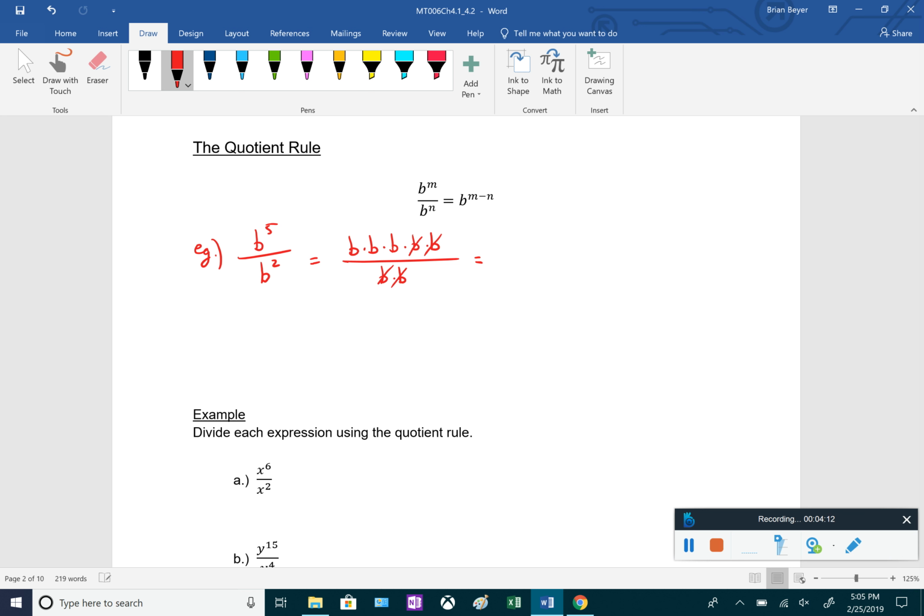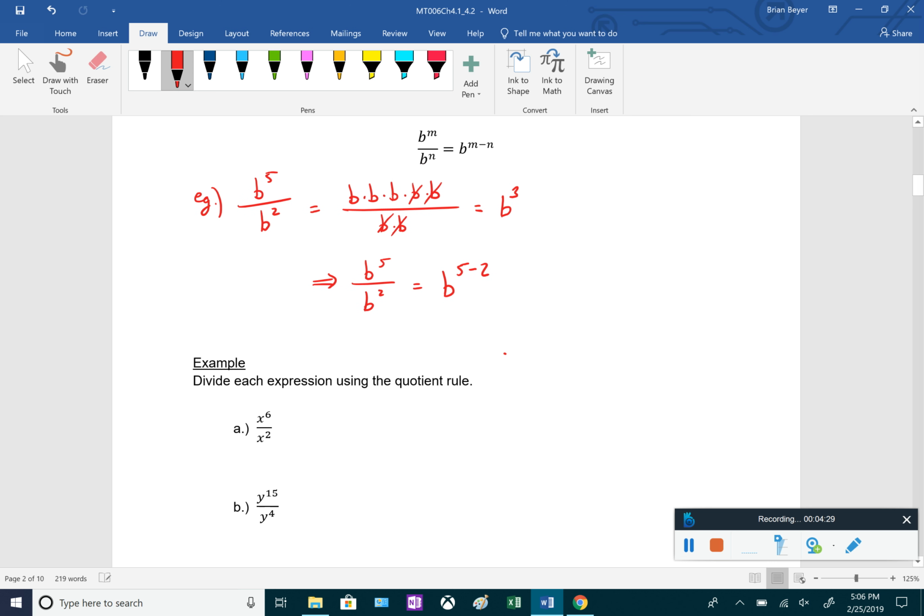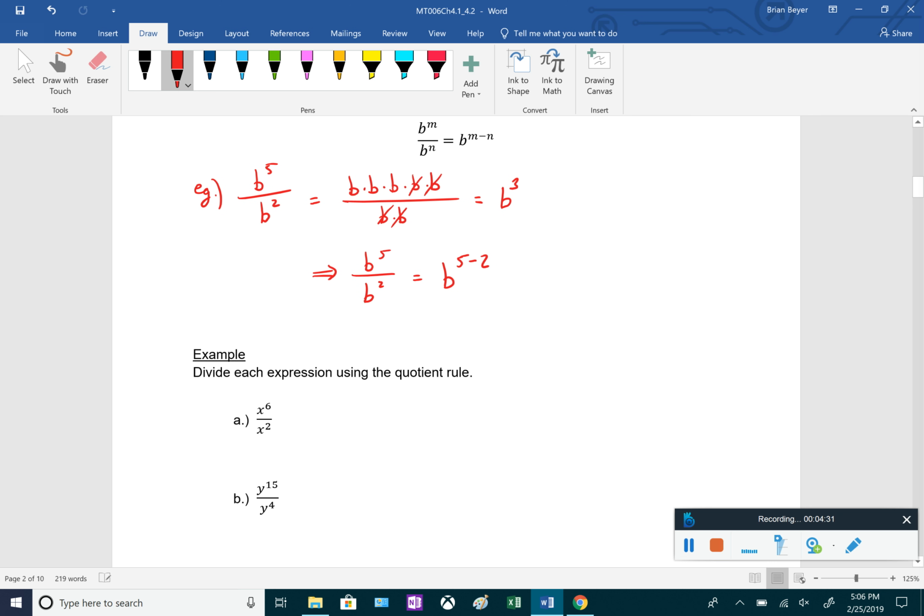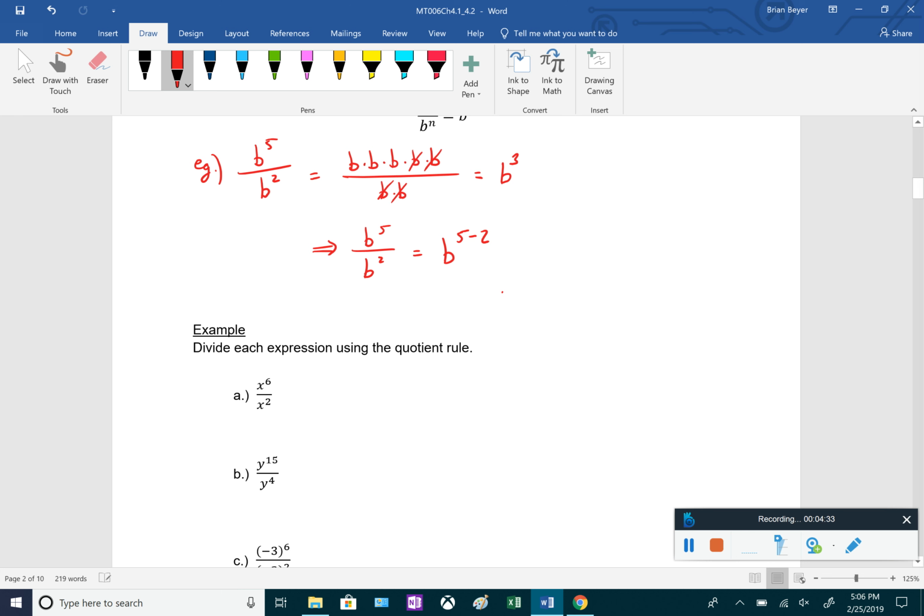And then we're left with b times b times b, which is b cubed. So we just showed that b to the 5th over b squared equals b to the 5 minus 2, which is b to the 3rd. Okay, so let's do these examples down here.